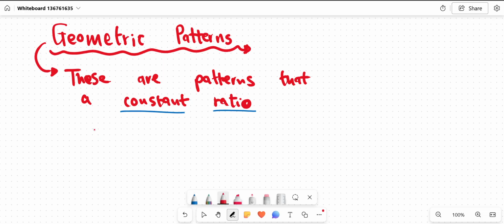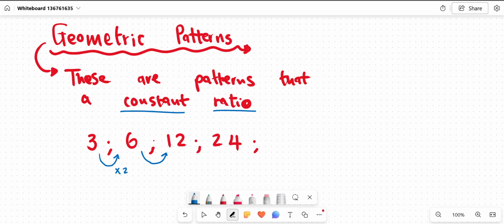It means if we take, for example, a 3, a 6, the next guy being a 12, the next guy being a 24. Then if we're observing this pattern, you should be able to see that from 3 to 6 I am timesing a 2, and from the 6 to the 12 I'm also timesing a 2, and from the 12 to the 24 I'm also timesing a 2.